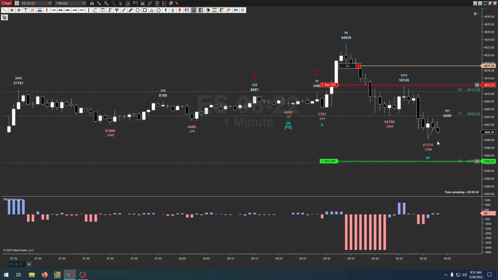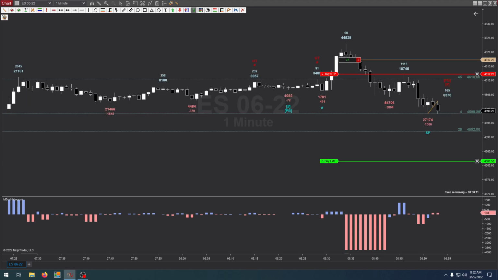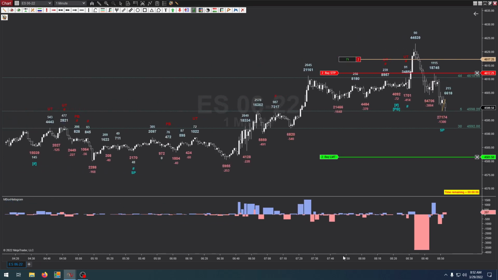Now we need to go after this level here. Right there. Need to get below that level right there and close. There. I moved that because of the hourly.